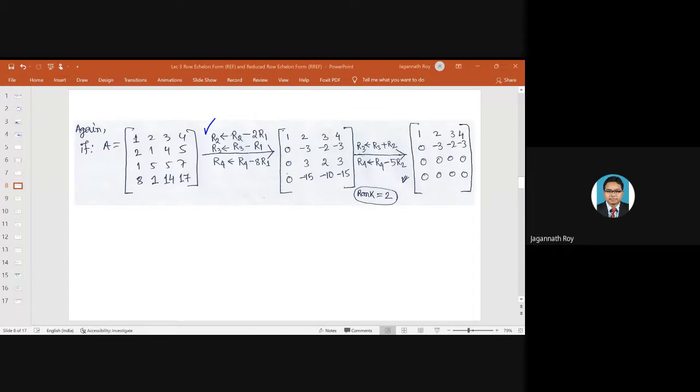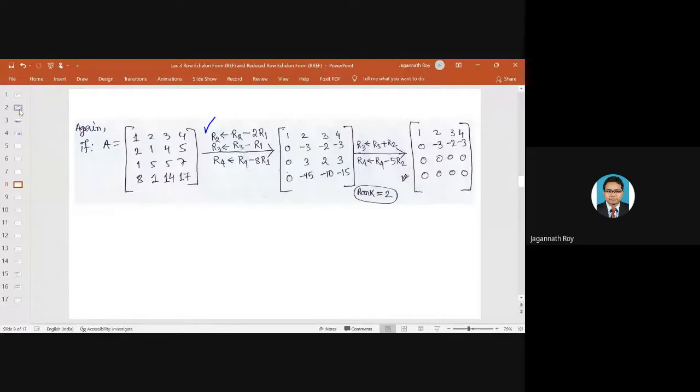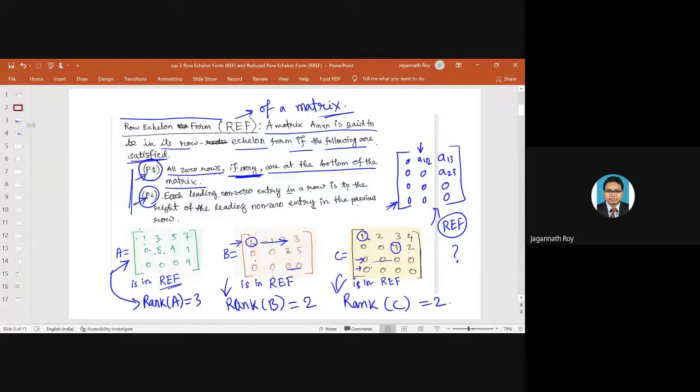So if you go back and check the property, each leading non-zero entry in a row is to the right of the leading non-zero entry in the previous row.